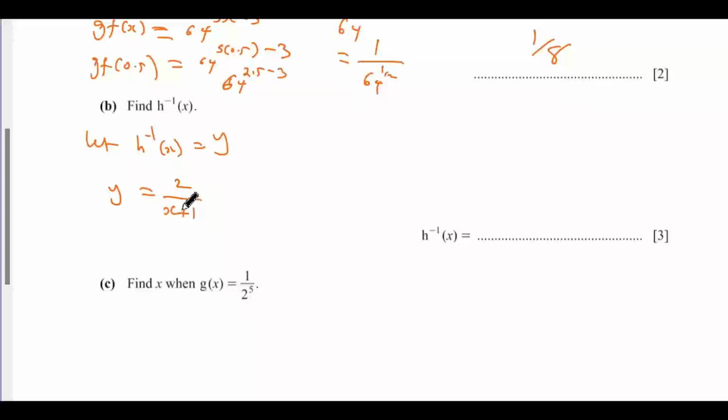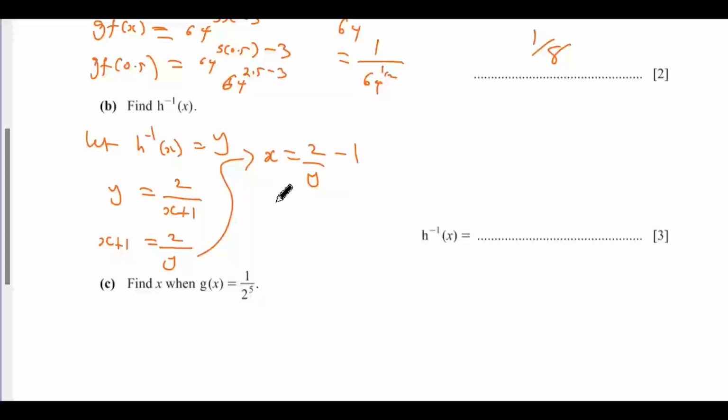So now let's make x the subject of the formula. If you do this, we're going to have x plus 1 equal to 2 over y. Then we can transfer 1 to the right hand side, so we'll have x equal to 2 over y minus 1.